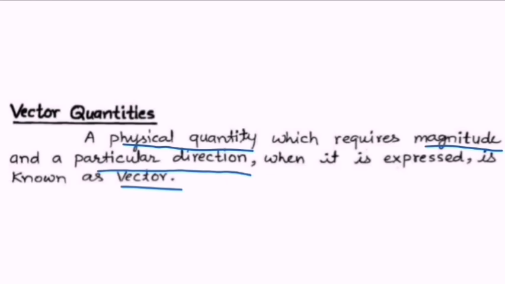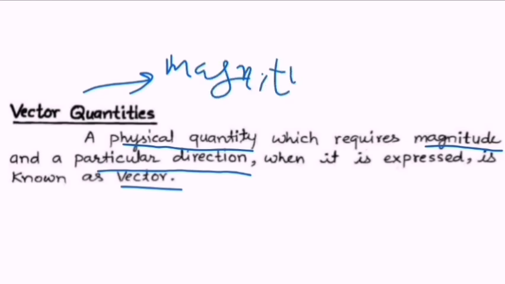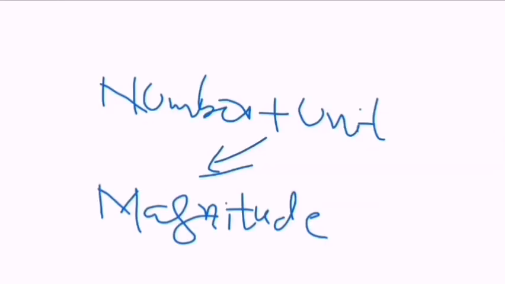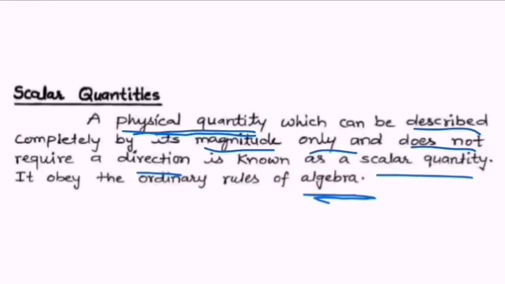Means for vector quantity we need magnitude as well as direction. But for scalar quantity we need only magnitude.